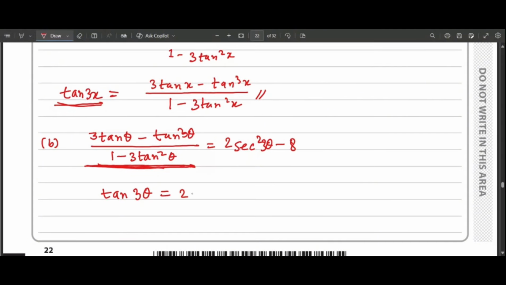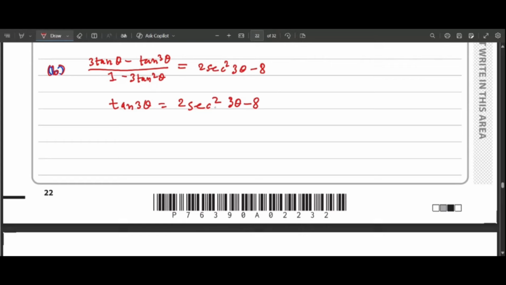This is equal to 2 sec square 3 theta minus 8. Now we can use the identity sec square theta equals 1 plus tan square theta to further simplify this expression.